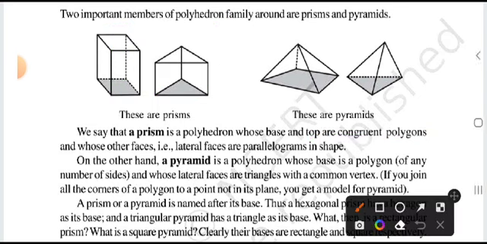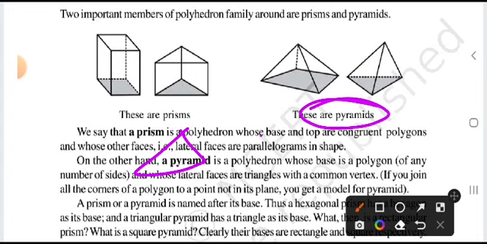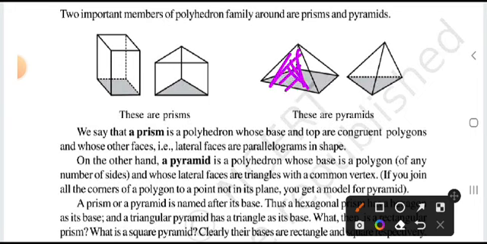But in case of pyramids, the base may be a triangle, the base may be a square, the base may be a pentagon, and from that all the sides will be triangles, and they will be connected to a single vertex.